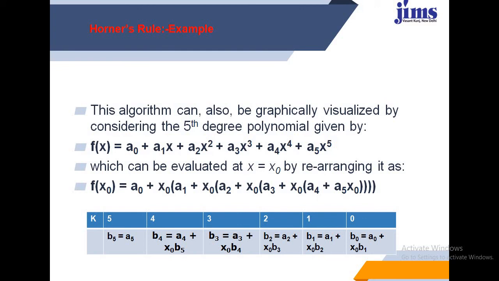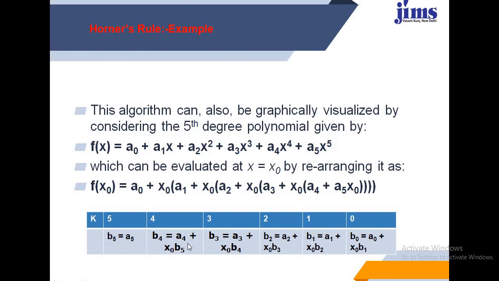This is the rule, V5 equal to A5, and then in the next column you will find V4, and this V4 is equal to your A4 value plus what you obtained in the previous column. In the previous column we obtained V5, so you will multiply it by the number at which we need to find the value. At which point did we need to find the value? We needed to find the value at x0. So you will multiply x0 by the previous column value, which is V5, and then add the corresponding coefficient of A, which is A4.